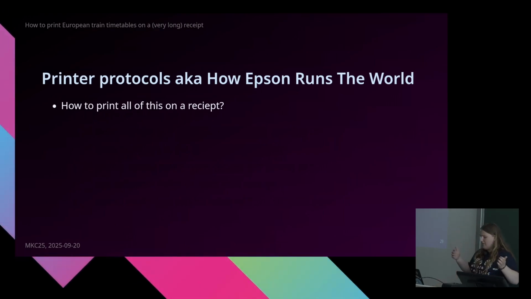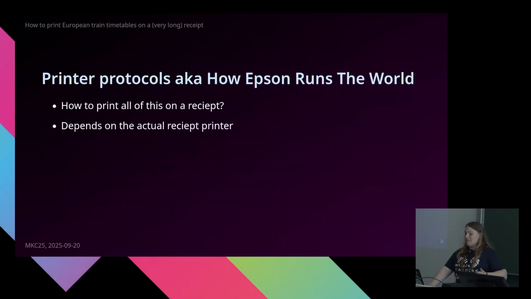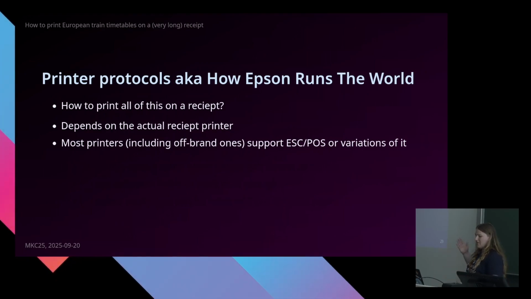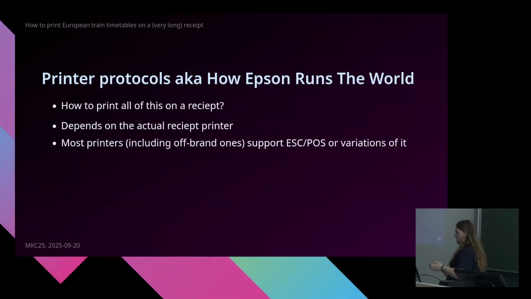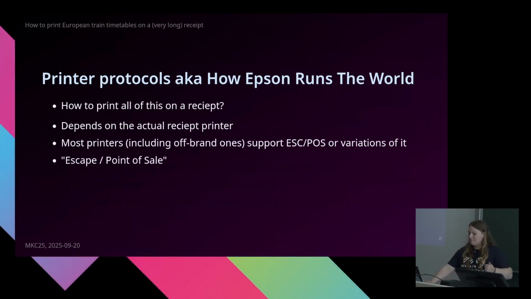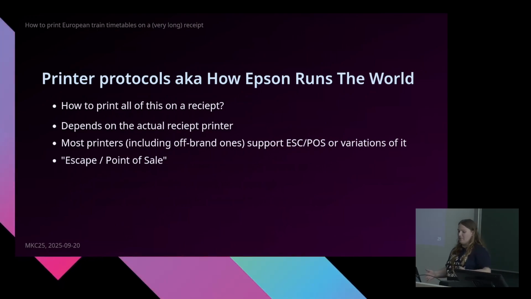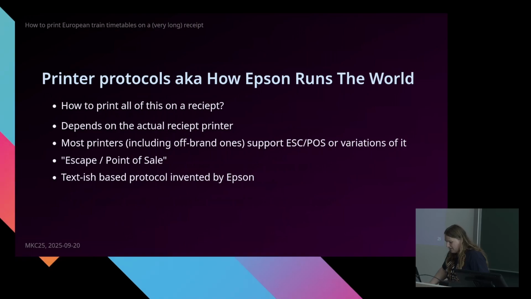Now, how do we print it on a receipt? Depends on the receipt printer. So most printers, including this one, which is an off-brand one, support ESC/POS or variations of it. Stands for Escape Point of Sale, which, yeah, me too. I want to escape the point of sale.